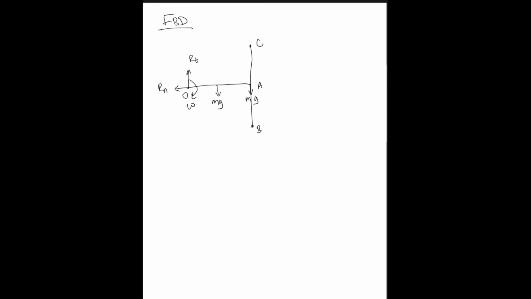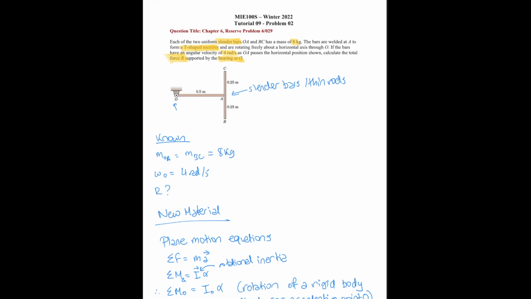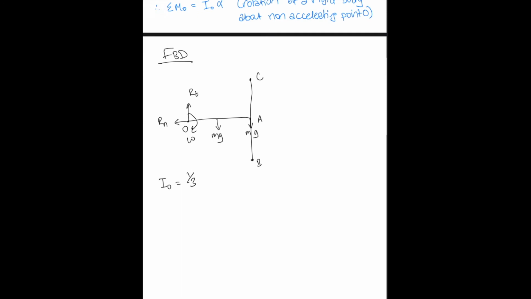Now, if you want to calculate the rotational inertia around point O, you have to take a look at our diagram again. For the rotational inertia of a slender bar or a thin rod that's rotating at only one end, such as OA, which is only rotating around the bearing here, the equation is 1 over 3 m l squared.